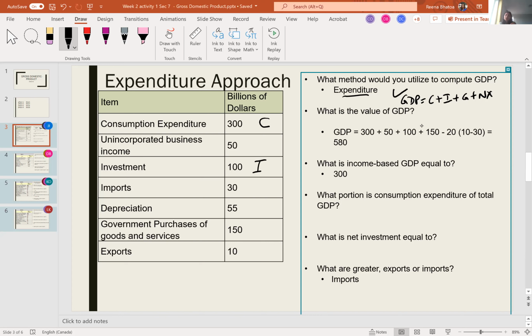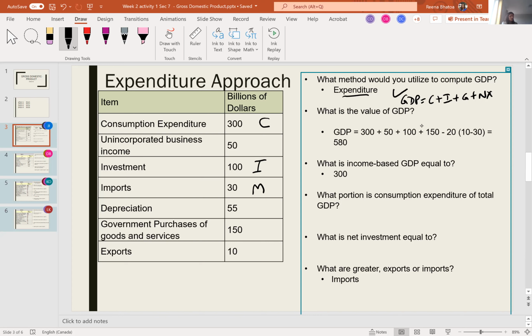The complete gross investment is given. So it's not net, it's investment given. Imports. Yes, we need it because we have to calculate net exports. Depreciation we do not use in the expenditure method, so we ignore this one in the calculation of GDP.